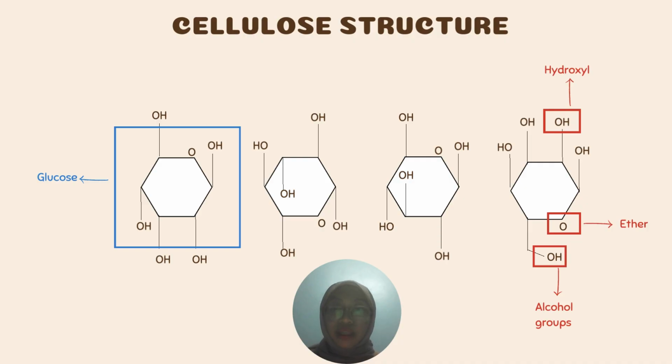So it can be each one of them here. And I will explain more about the functional groups inside the cellulose structure. We have OH, or hydroxyl, and we also have ether connected by the glycosidic bond, and we also have alcohol groups inside the cellulose structure.